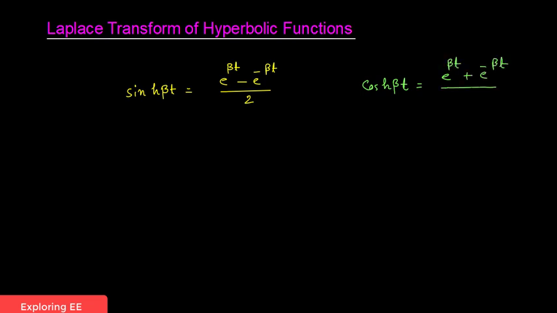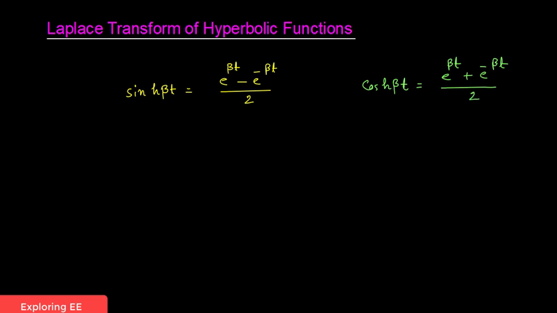For hyperbolic function, sinh beta t can be written as e to the power beta t minus e to the power minus beta t by 2, and cosh beta t can be written as e to the power beta t plus e to the power minus beta t by 2.